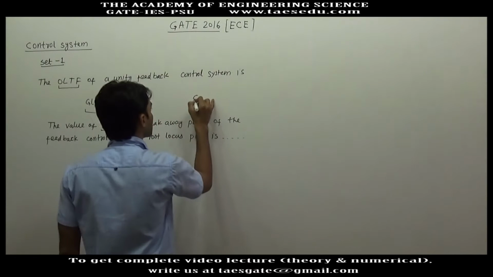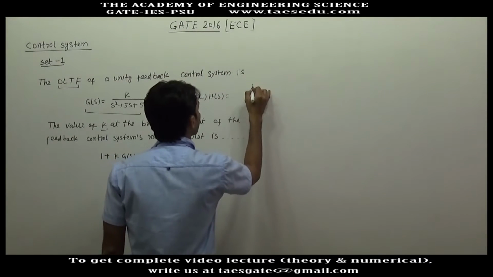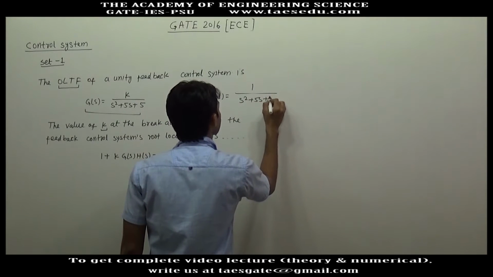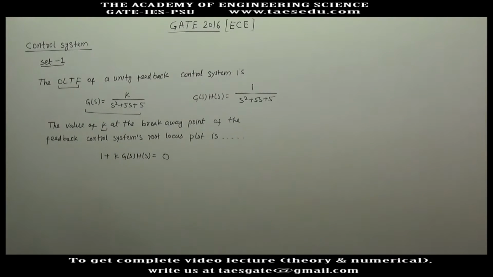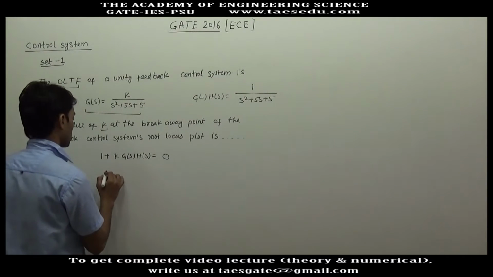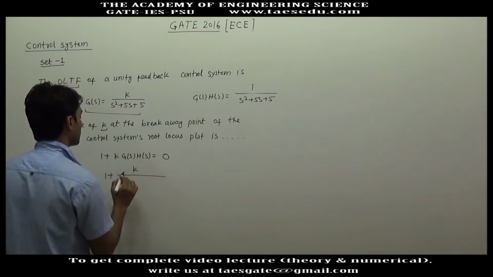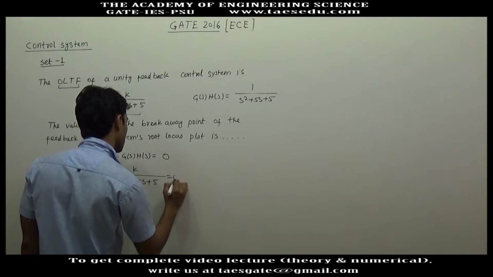G(s)H(s) in this question is given as 1 upon s square plus 5s plus 5. So 1 plus K divided by s square plus 5s plus 5 equal to 0.